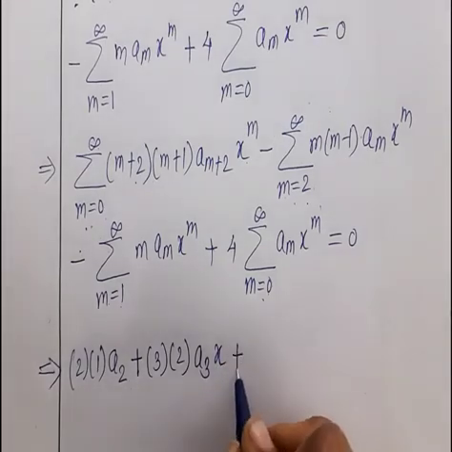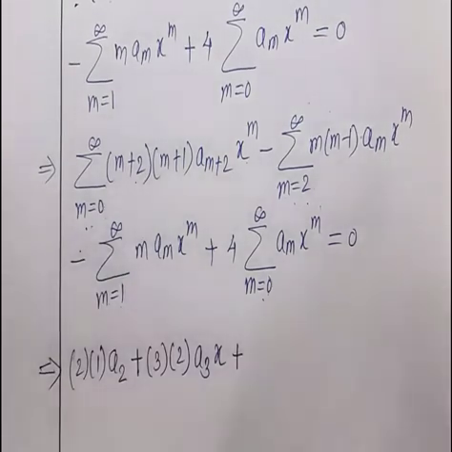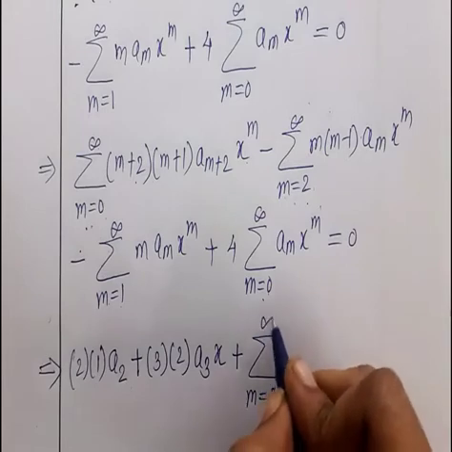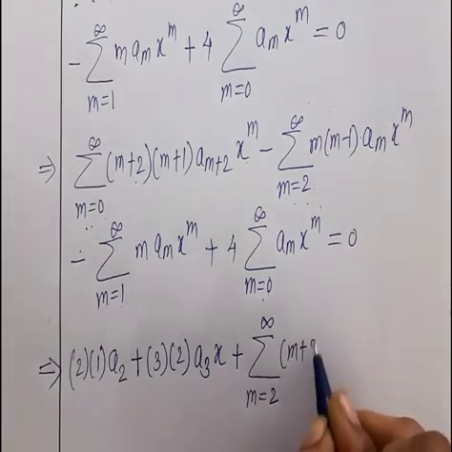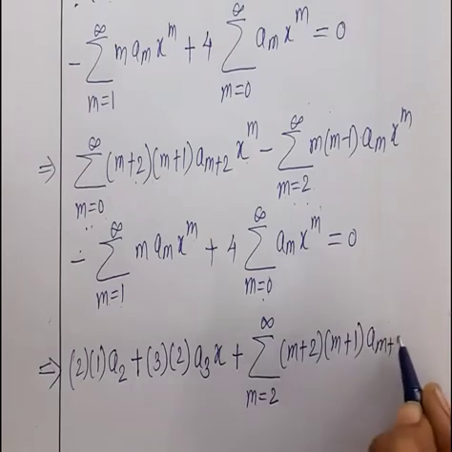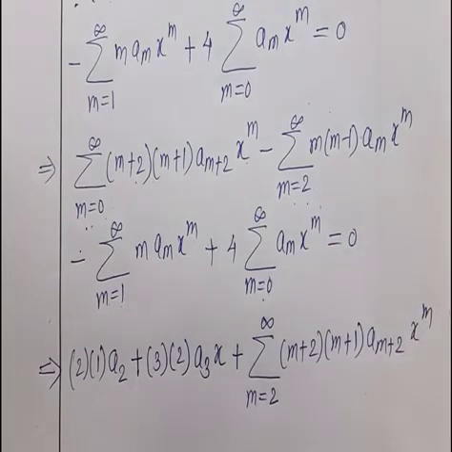Next, from 2 to infinity we can write the remaining terms. So the first term becomes summation m equals 2 to infinity, keeping the remaining terms as they are: (m+2)(m+1) a_(m+2) x to the power m. This is the first term only, which started from 0, and we converted it to start from 2.